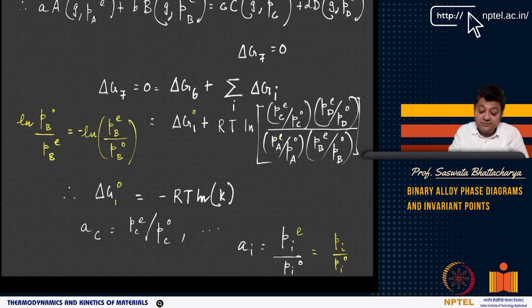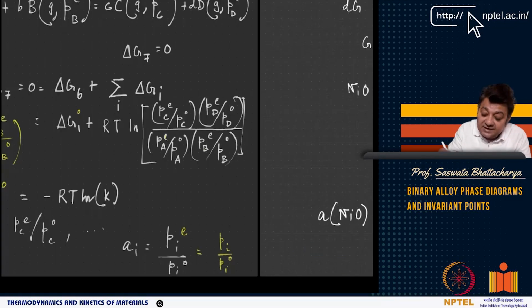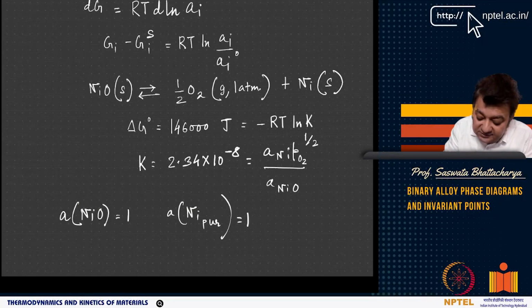So again, the exponent goes here: this is the stoichiometric coefficient. In this case, the small c is half, half moles of O2, so you have PO2 to the power half.